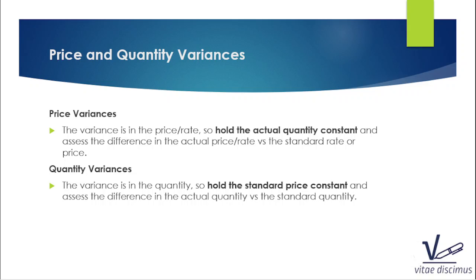Whilst with quantity variances, the variance itself is in the quantity, so we hold the standard price constant and assess the difference in the actual quantity versus the standard quantity.